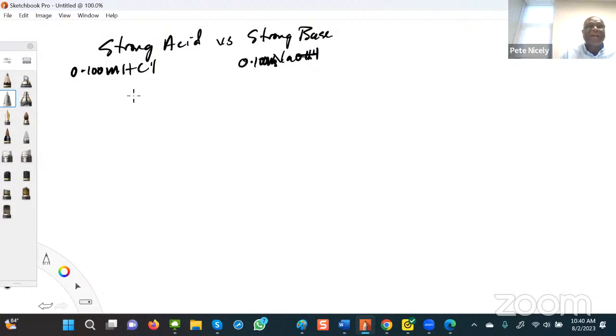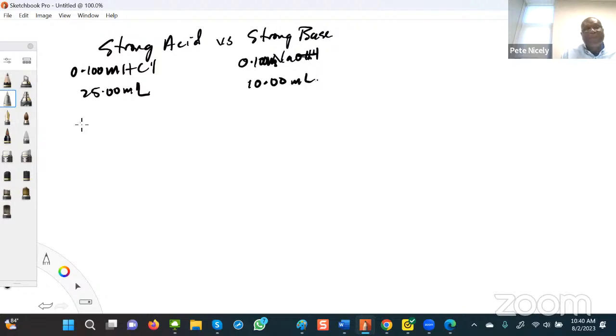Now, let's say that in the flask, you will have 25.00 mL of the acid. And you want to find out the pH at different points, all right? So let's say we want to do the pH after adding 10.00 mL of the base, right?